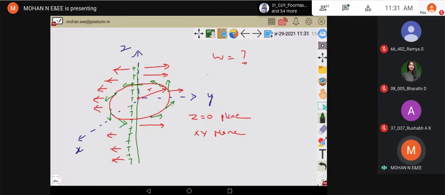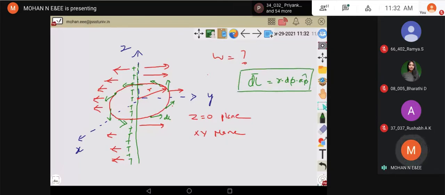We can also prove it. Just check out here the distance dl. In terms of the cylindrical coordinates, you can write that as r into d phi into a phi cap. And E vector is equal to the electric field due to an infinite line charge.